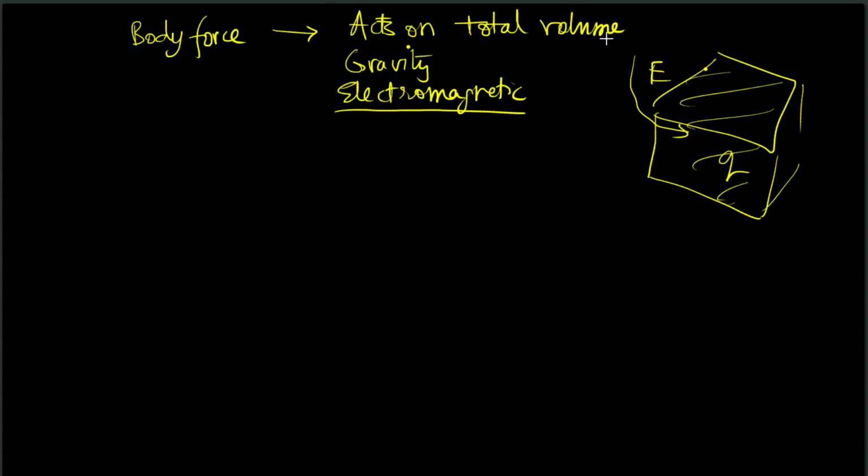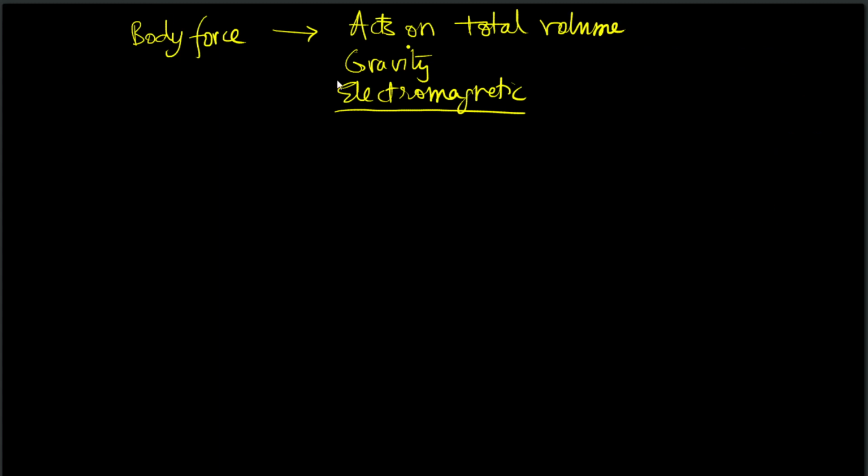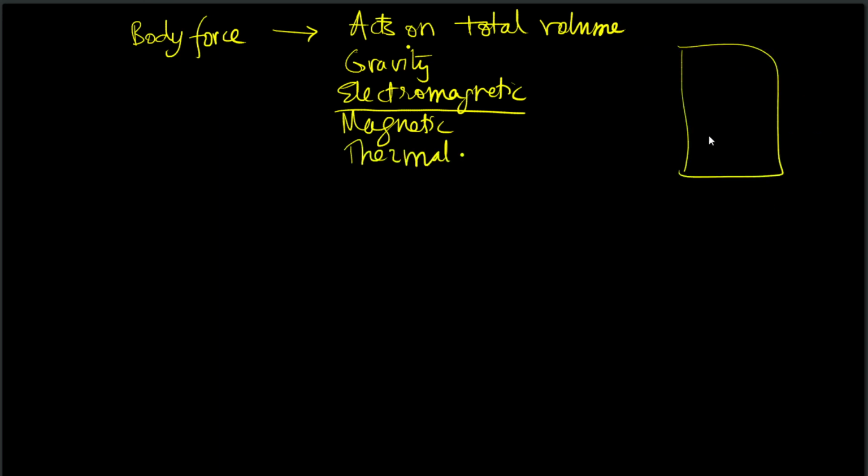Okay. So the body force can be electromagnetic in nature, it can be magnetic in nature, it can be thermal in nature. So if you have a heating over here, the entire fluid experiences a buoyancy. So this kind of flow is called convective flows.